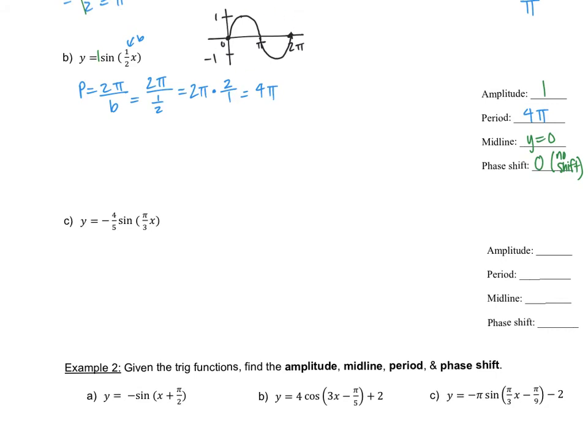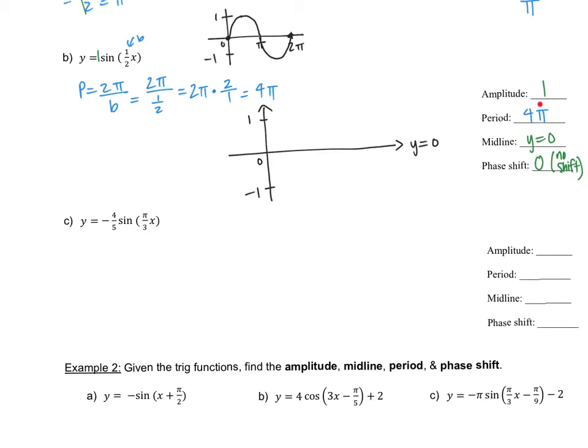And if we were to draw ours, I know that my midline is at y equals 0, so I can put that on my graph. The highest point I should have is 1, and the lowest point is -1 because my amplitude is 1. Now, I know sine starts at 0, and there's no phase shift, so I'm not moving this starting place.